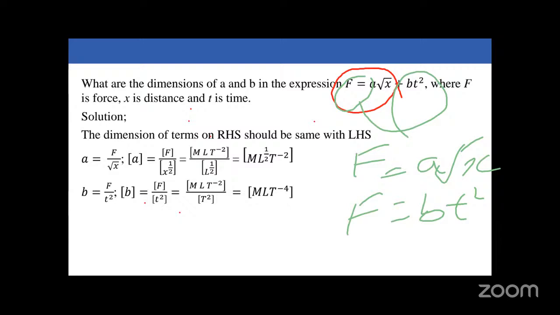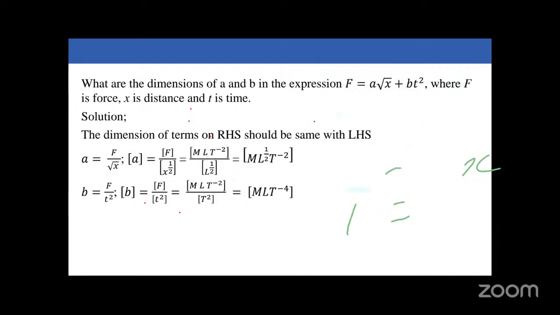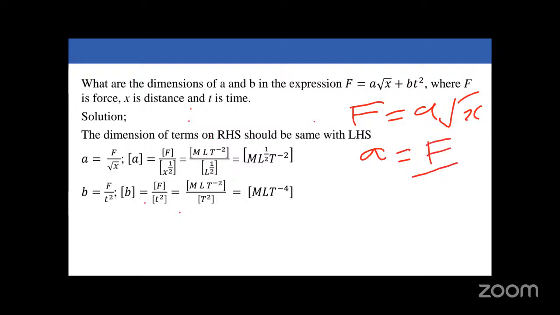So if we solve this mathematically, taking the first term, F is equal to A square root X. We are looking for A, which means that A will be equal to F over square root X, which we can rewrite as A is equal to F over X raised to half.